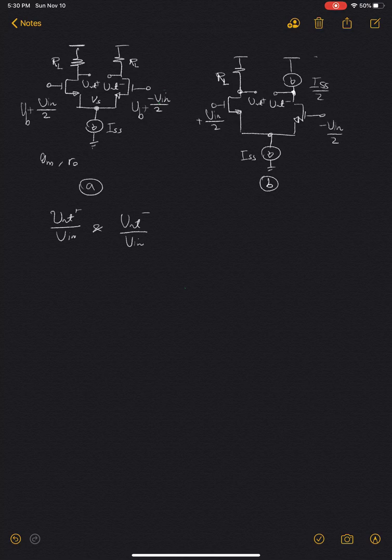For example, V out plus divided by V in, is it larger on the right side or in the left side, in the right circuit or in the left circuit? And similarly, V out minus divided by V in. I think it is a good start to cultivate our intuition from that respect. Okay, so let's move on.